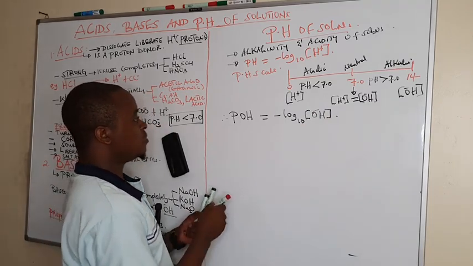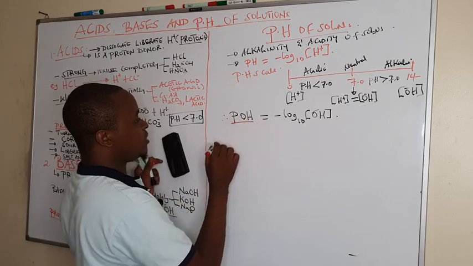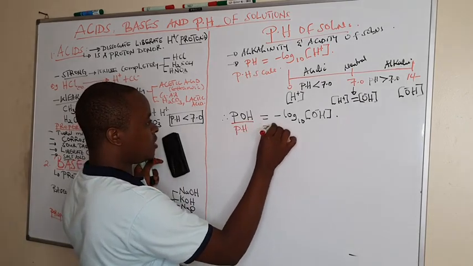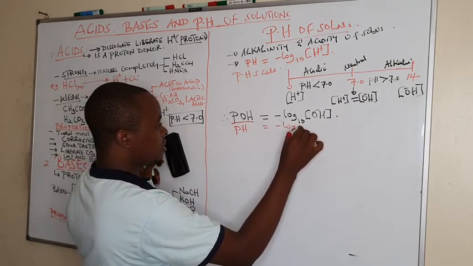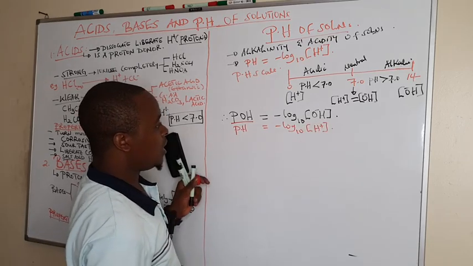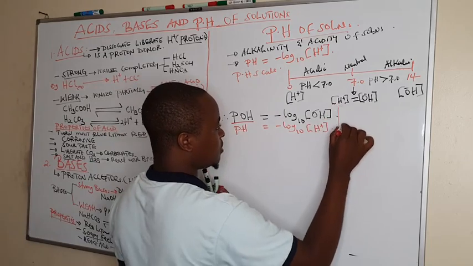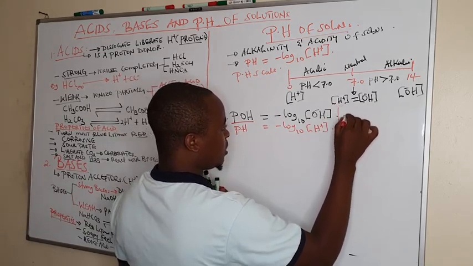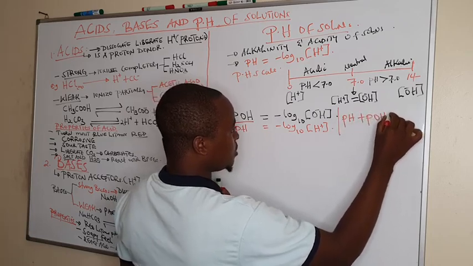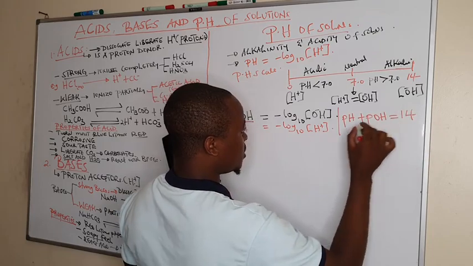And since pH is equal to negative log base 10 of the concentration of hydrogen ions, we can easily say that pH plus pOH is equal to 14.